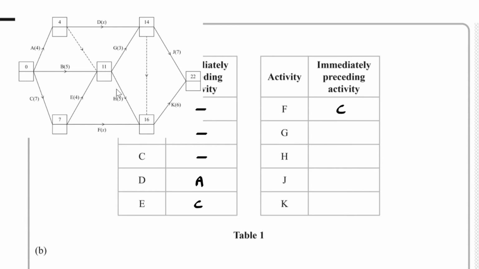If we take a look at G, well, what's feeding into G is certainly E and B. But because we've got a dummy over here, that means A is also feeding in to G over here.